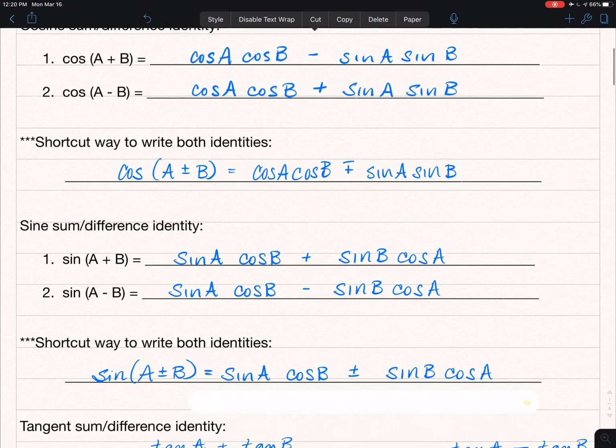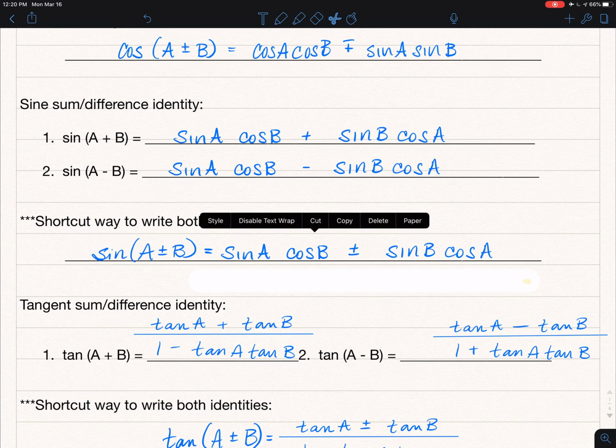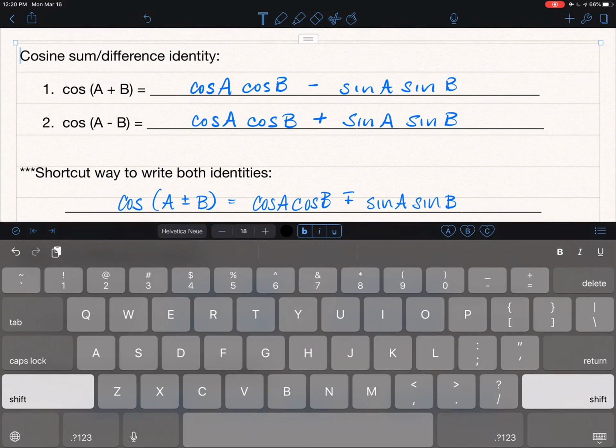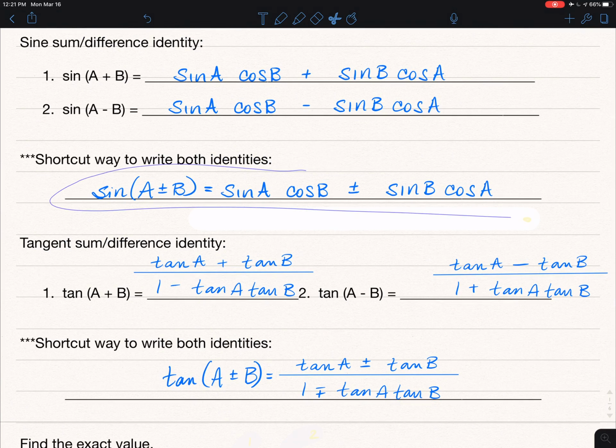For the sine sum and difference, I'm always going to verbalize that as sine cos plus or minus sine cos.